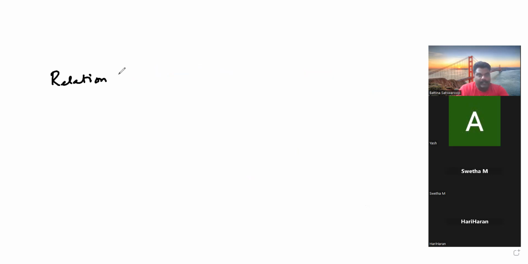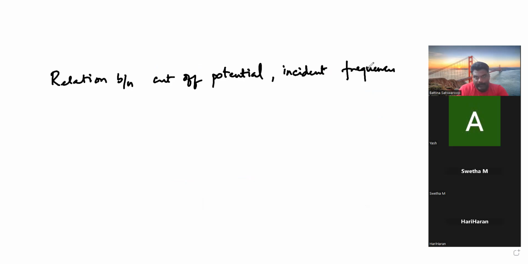Next one: relation between cutoff potential, incident frequency and threshold frequency. How do you do this?